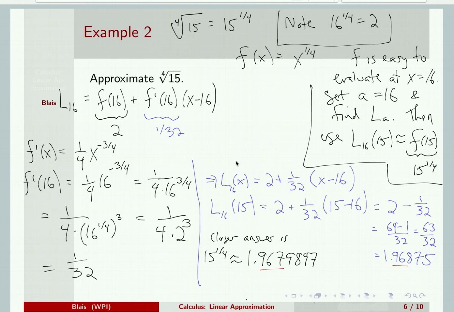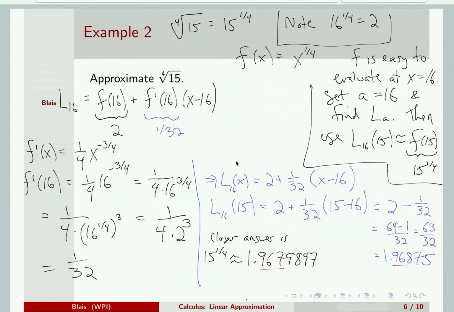And it's worth noting, I think there's a tendency to look at a question like this and say, why would we do this when we can just plug 15 to the 1/4 into a machine, to a calculator, and get this answer? Well, the issue is, what is the calculator doing? 15 to the 1/4 is an irrational number, non-repeating, never-ending decimal.